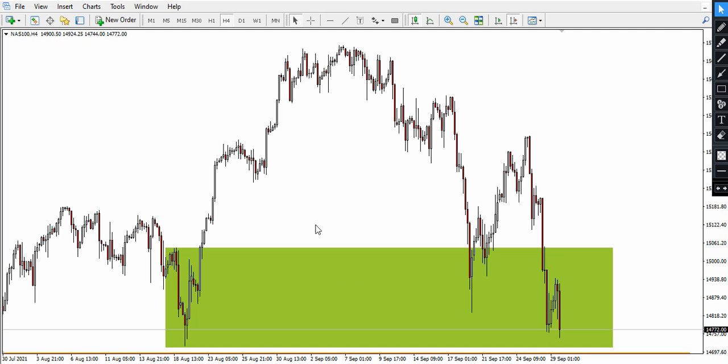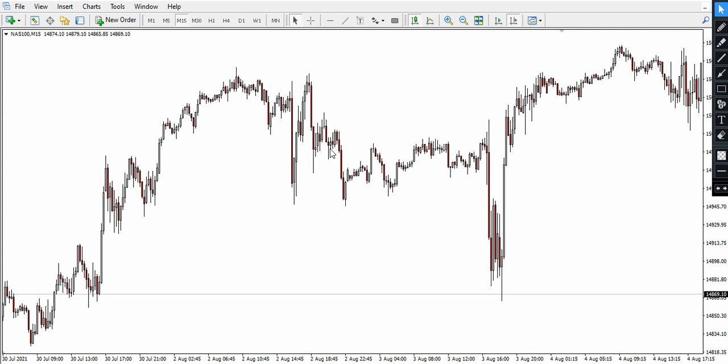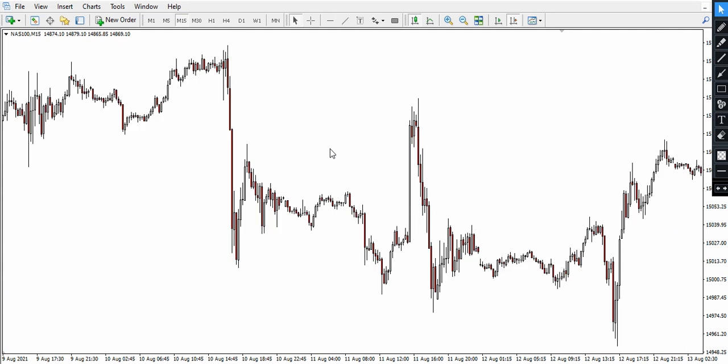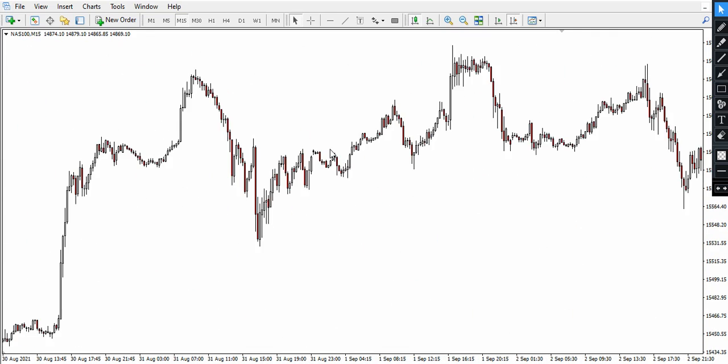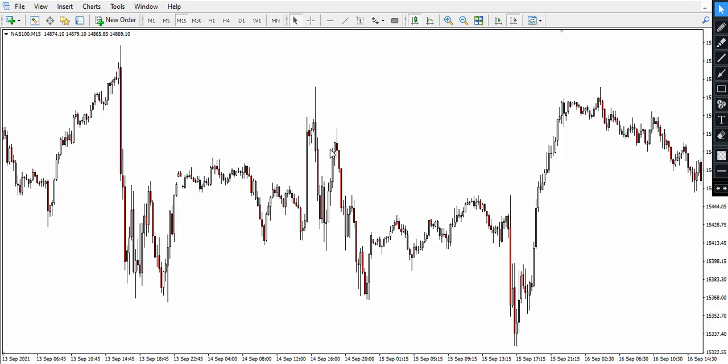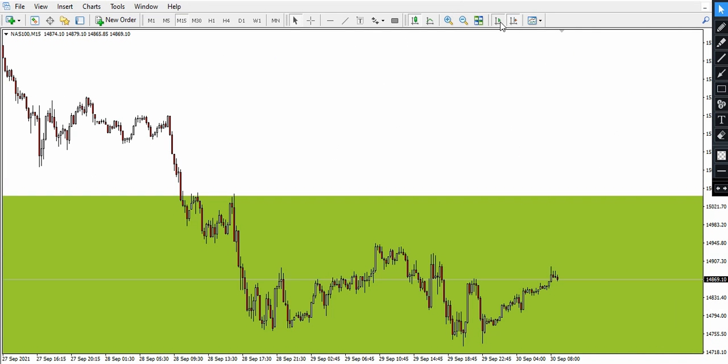Always switch to a lower time frame. In this instance, you all know by now that I use M15 for entries, and then go to a lower time frame and see what's happening inside that OB, because we have a risk entry and then we have a risk-free entry.